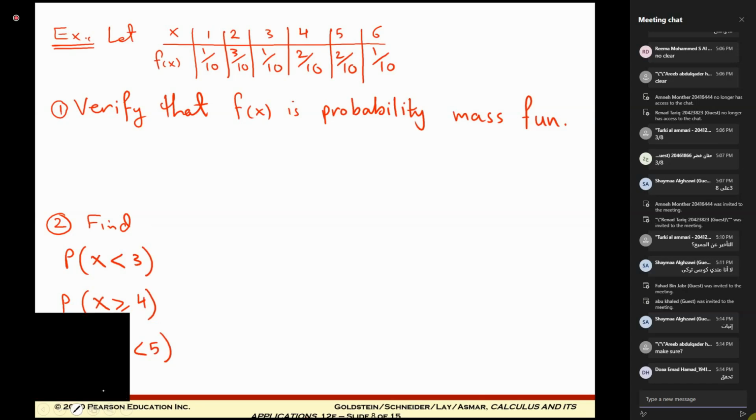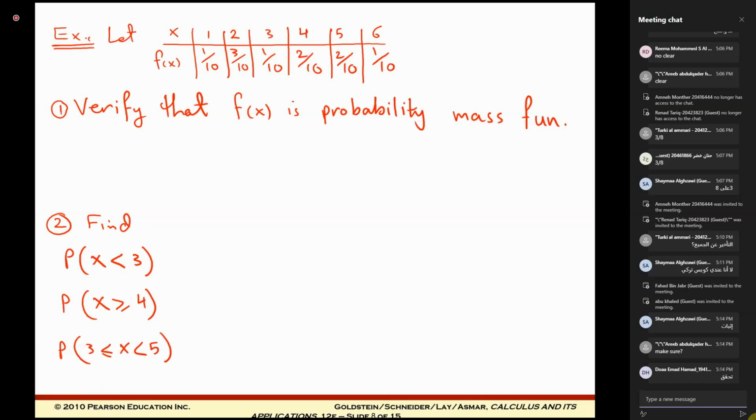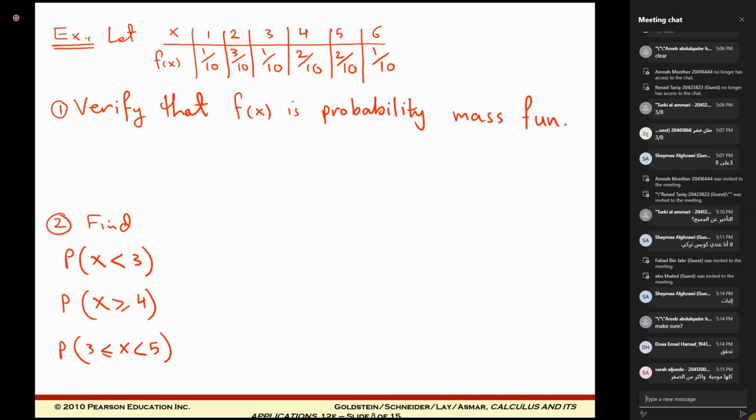Now, to verify whether this is a mass function or not, firstly f of x must be greater than or equal to 0. Okay, this is correct. The summation of f of x, what does this equal?